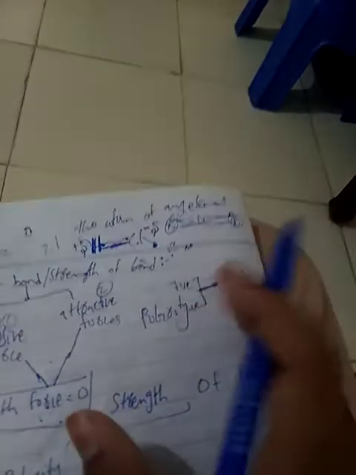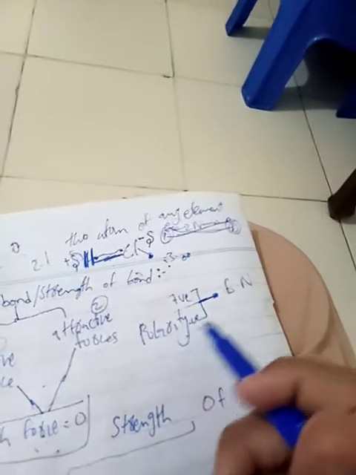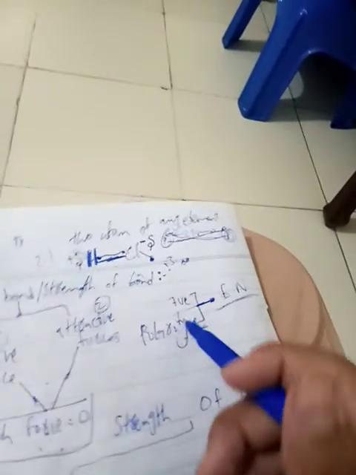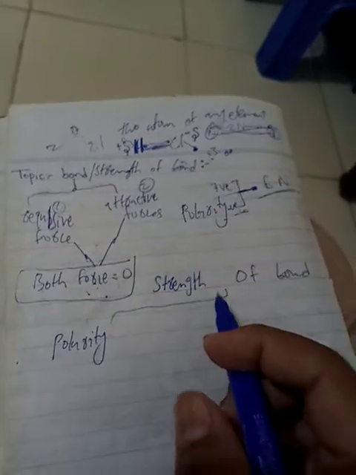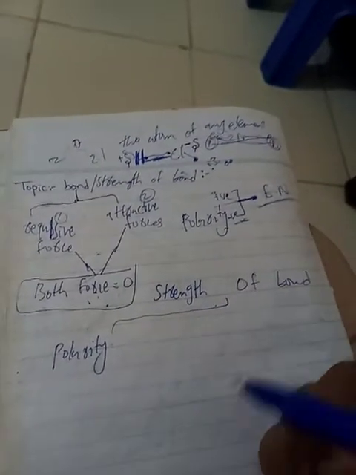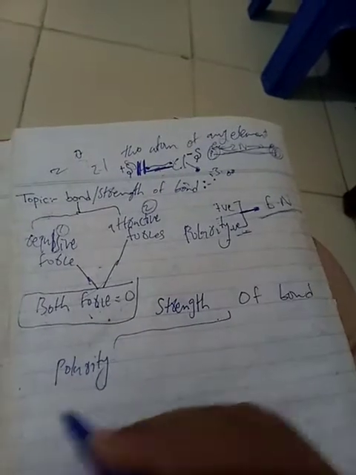If you don't know about this concept, you can watch any other video. Polarity depends upon positive and negative charges, or you may say electronegativity. So what is the relation between polarity of bond and strength of bond?